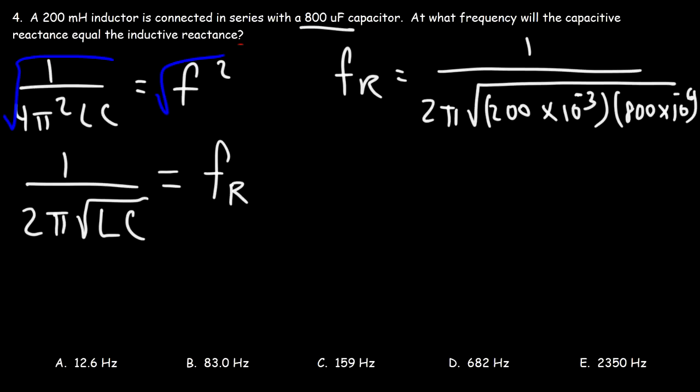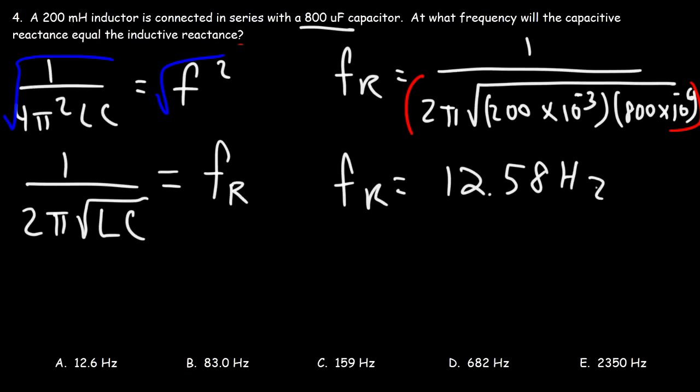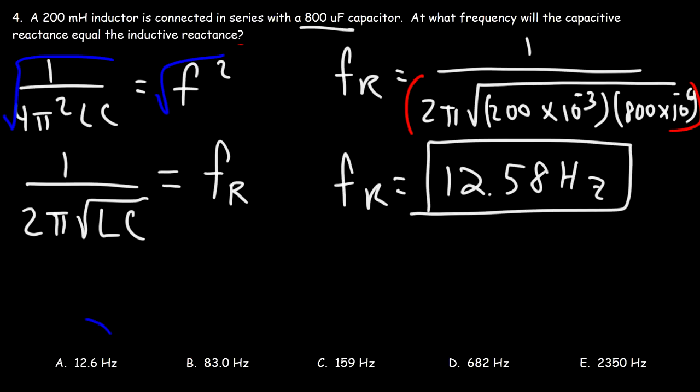So go ahead and plug that in. Now, if you're not getting the right answer, it may help to put this entire thing in parentheses. So this is what I have. 12.58 hertz. So this is the resonant frequency of the circuit. And so this corresponds to answer choice A.